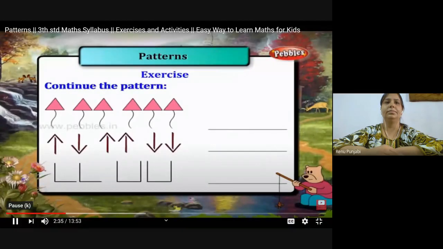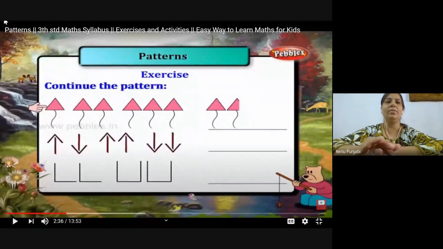Now do this exercise and continue the pattern, and we will discuss. First triangle 1, then 2, then 3, then what will come next? 4, yes.